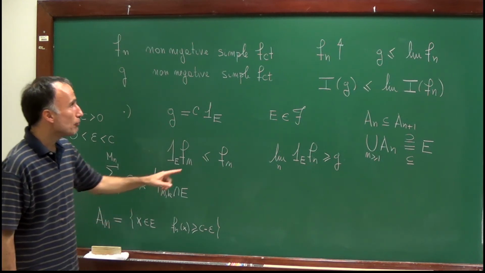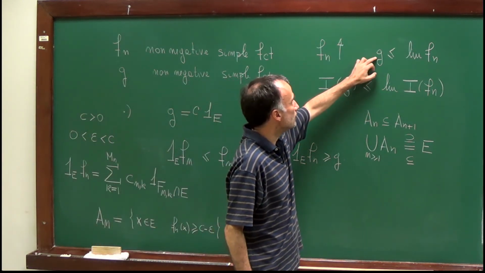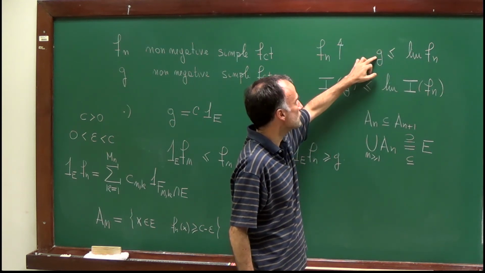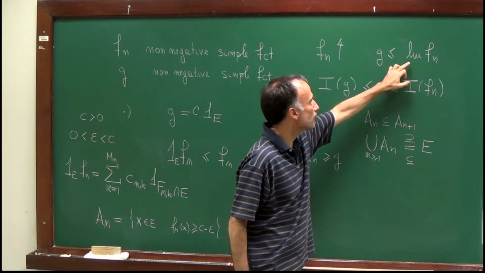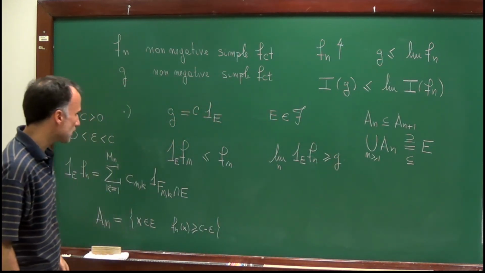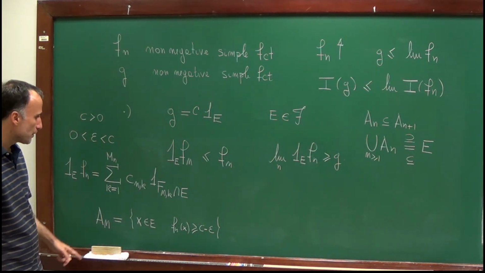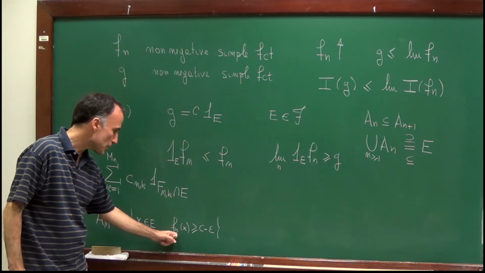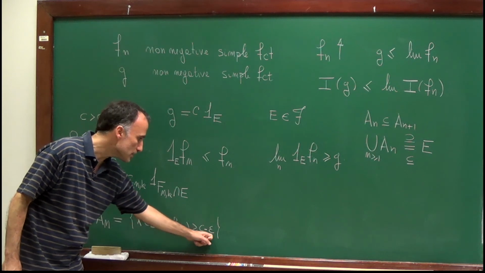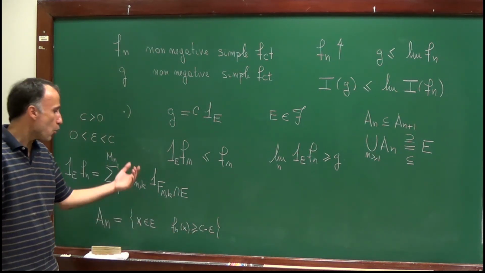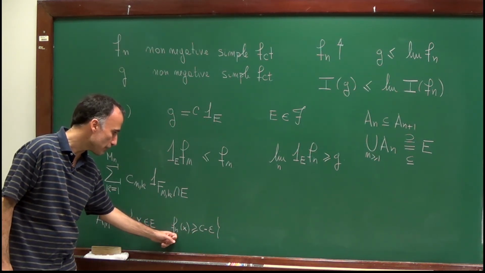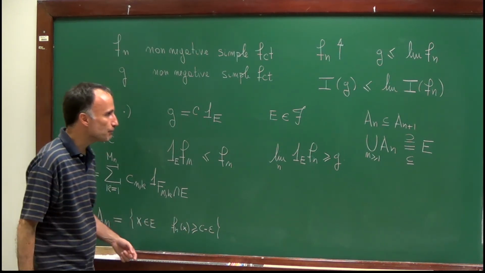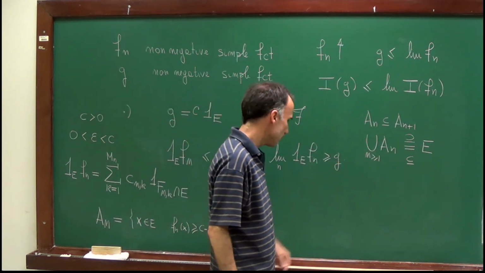But f_n(x) is larger than the limit of f_n(x), which is g(x), which is c, which means that the limit of f_n(x) is larger than or equal to c, which means that there exists some n_0 for which f_{n_0}(x) is larger than c minus epsilon, and therefore for all n larger than n_0, we will have that f_n is larger, and therefore x belongs to some A_n, which proves the reverse relation.